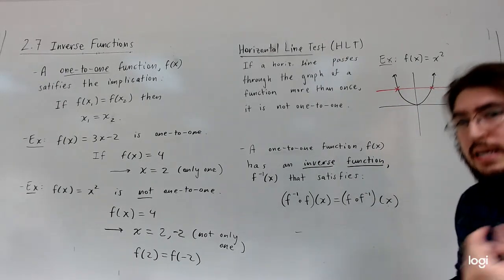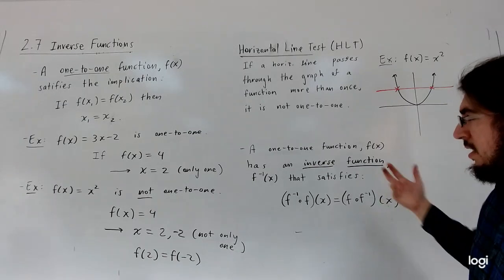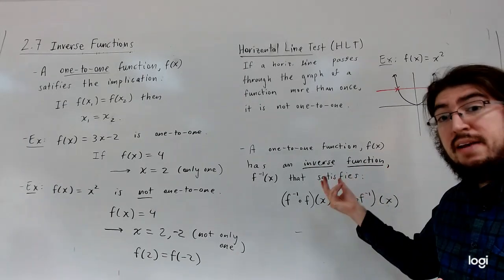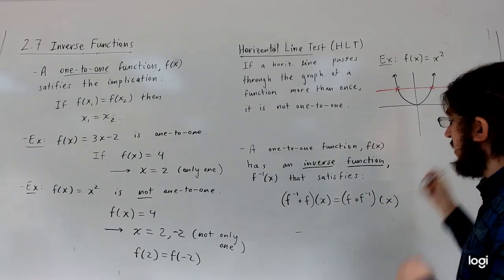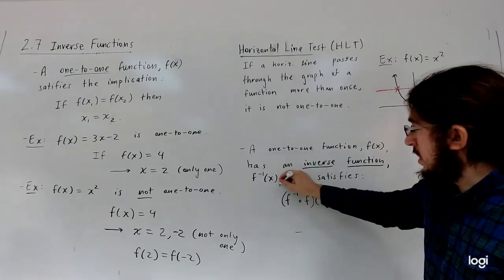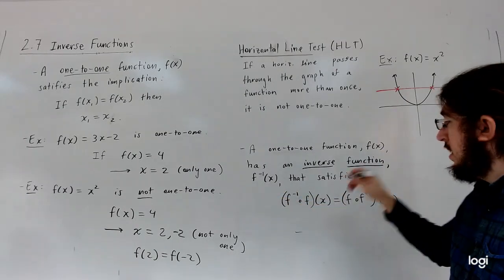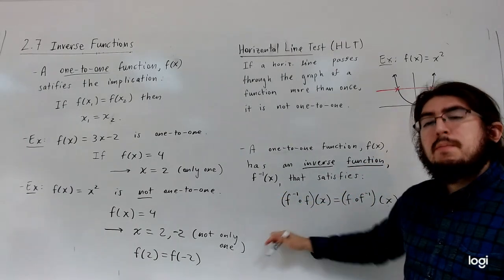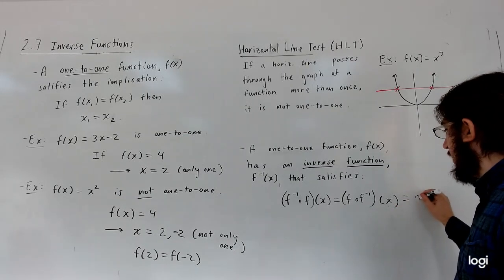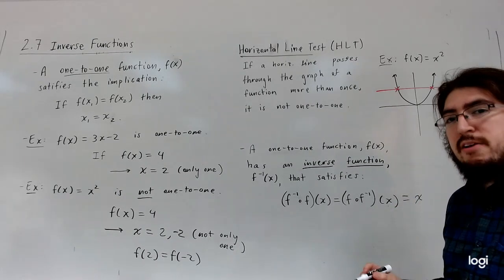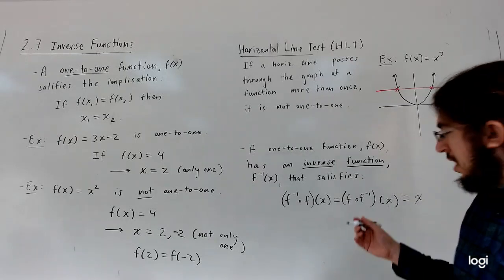Good. Next, we'll now finally see what we want to discuss in this section, inverse functions. A one-to-one function, f of x, has an inverse function, which is labeled f inverse of x, that satisfies the following. Composing f inverse with f in any order will result in just x. Now what I want to say here is that f inverse and f undo each other.